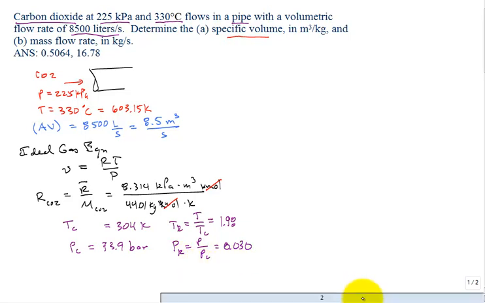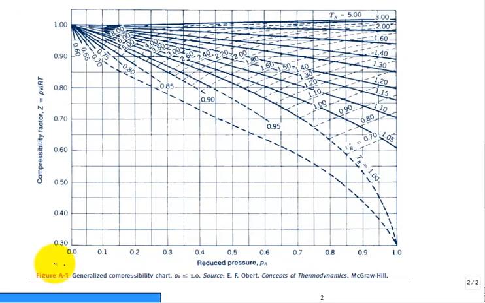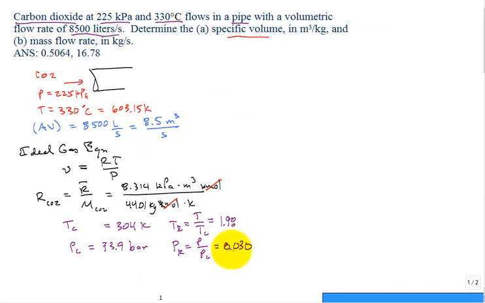If we go to figure A1, we look for that reduced pressure. That reduced pressure is going to push us down in the 0.3 range right in here. Let me take a look. 0.03, sorry, even further, way over here.